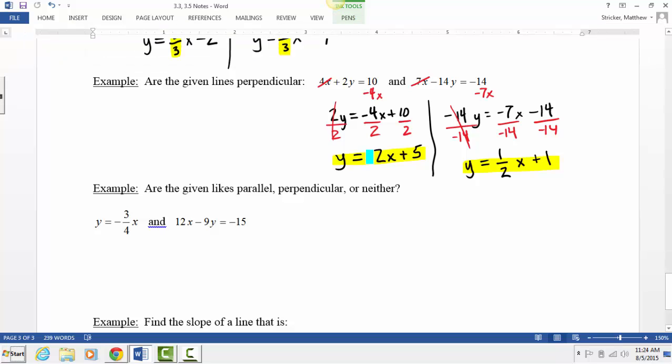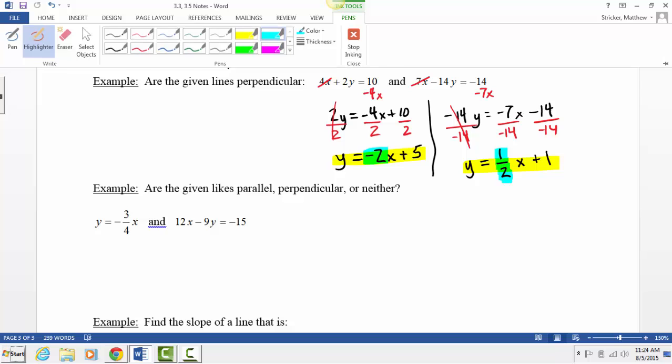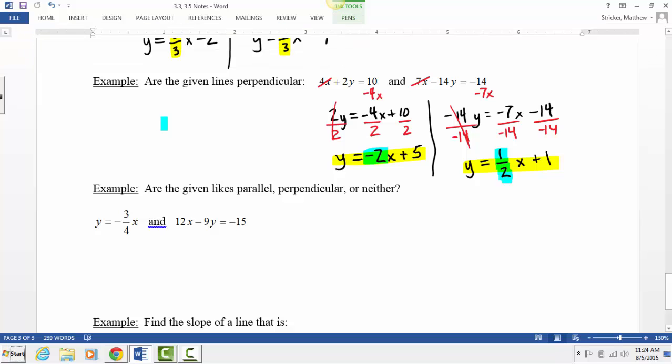Notice the slopes of these two lines. The first one has a slope of -2. The second one has a slope of 1/2. Notice, first of all, the signs are opposite. They're negative of each other. If this is a negative, this is a positive. They're opposite reciprocals or negative reciprocals. And then notice they are reciprocals of each other as well. 2 over 1 is a reciprocal of 1/2.